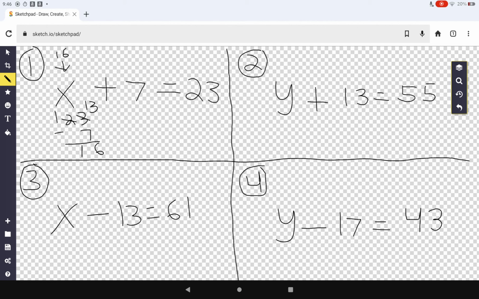So basically what you have to do is just subtract. Let me put the arrow. 55 minus 13, which is 42. Sorry that you guys can't hear me well, but it's just 42.